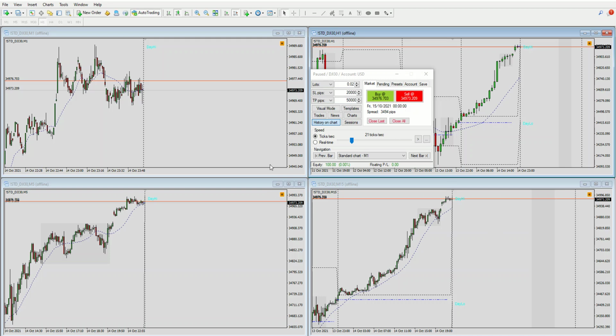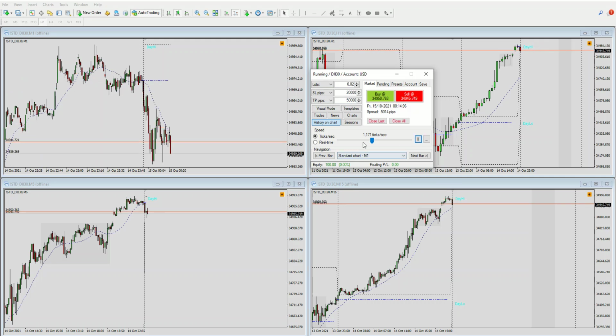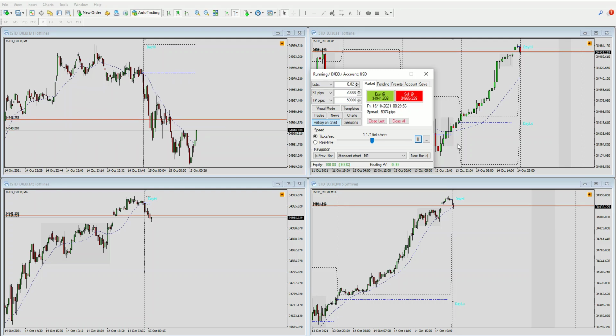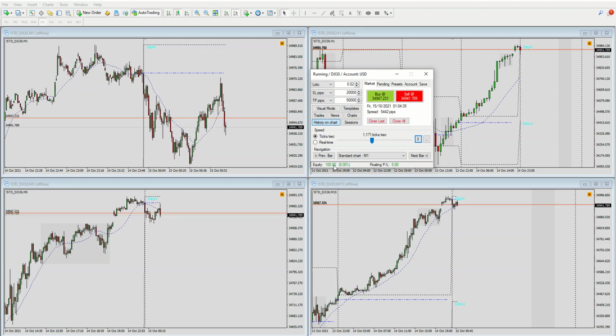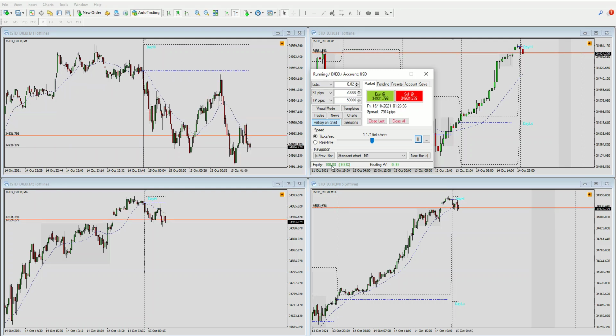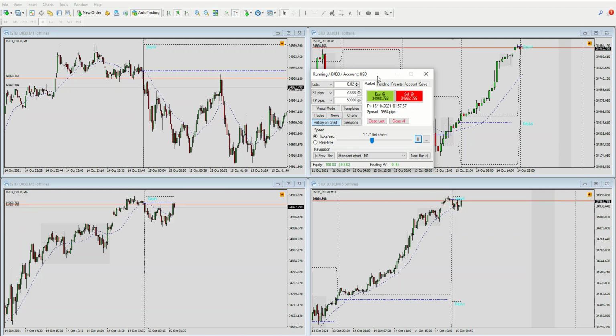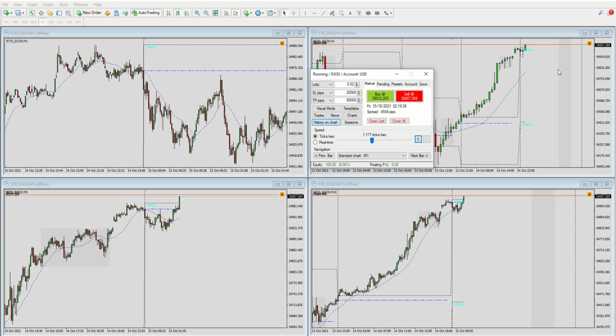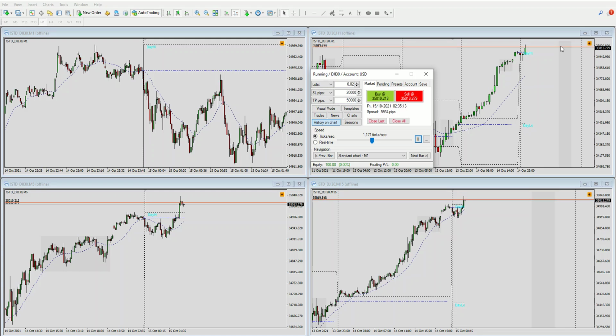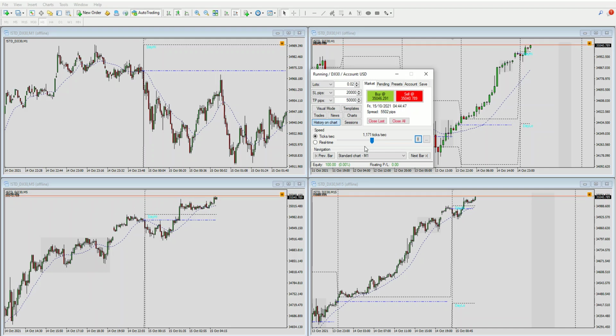So let's do it. Let me increase the speed so that the charts can just run through. I always want to keep things realistic, hence why I have a very small equity size, which is $100. Once prices reach the equity opening time, I'm gonna lower the speed so that prices run very slow.